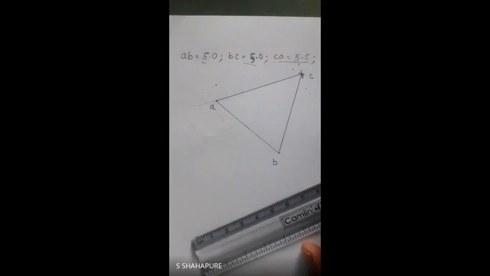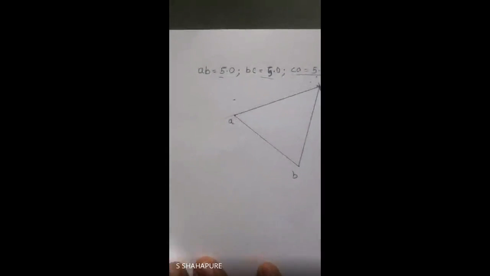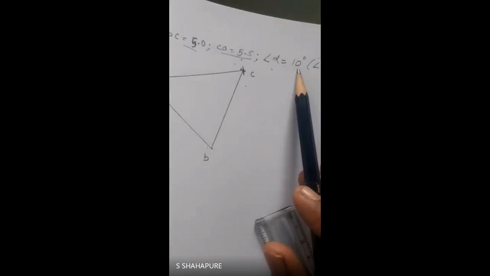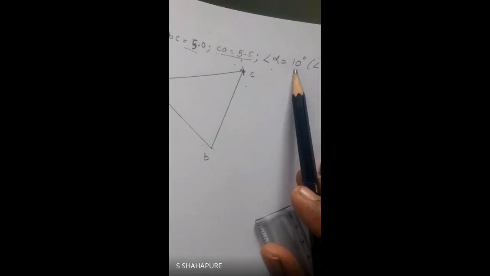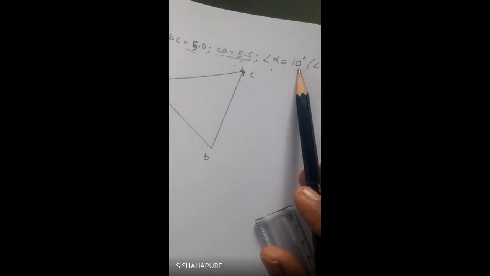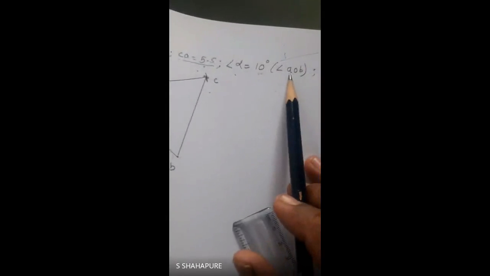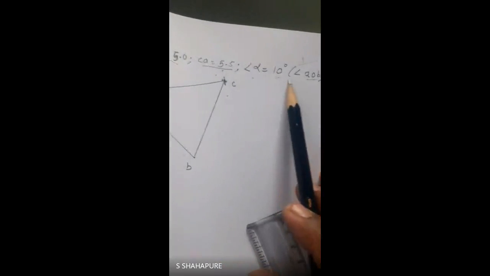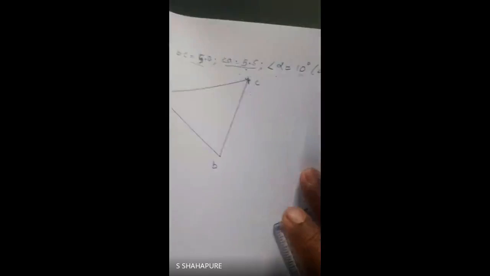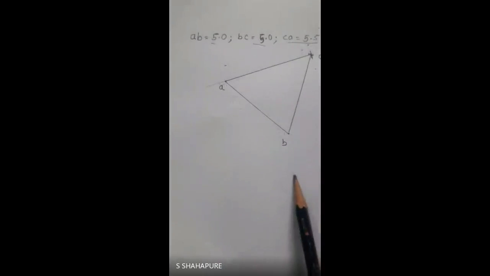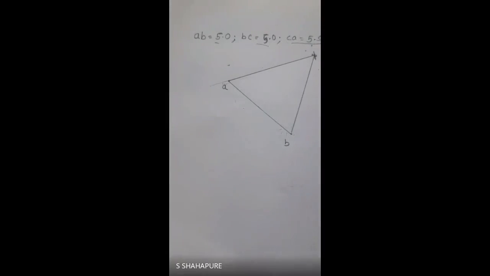Whatever alpha is the angle that I have shown you here, that is alpha angle AOB, measured as 10 degrees, and this is between A and B. O is somewhere here, and this AOB is measured as 10 degrees.